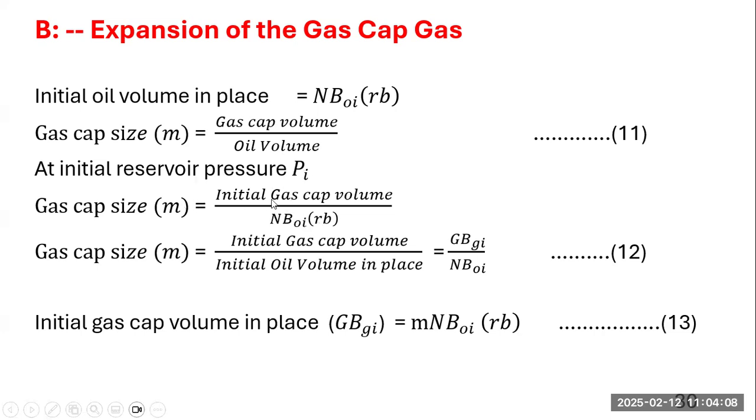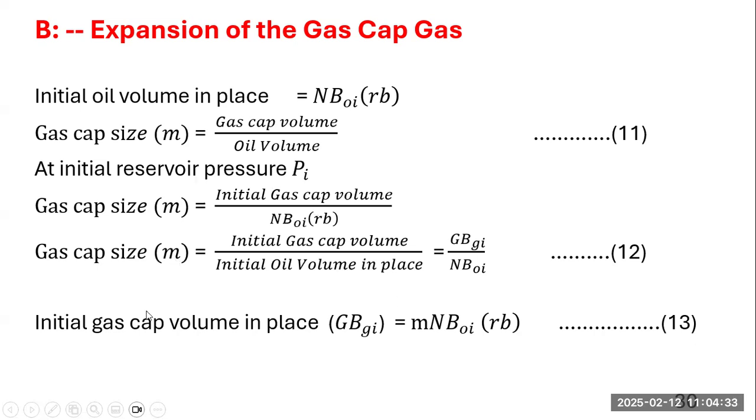Your M is gas cap volume over oil volume. Okay, so your initial gas cap volume, G BGI, that's your G multiplied by BGI. But you can still take it as the initial gas cap volume, your M multiplied by this, NBOI.